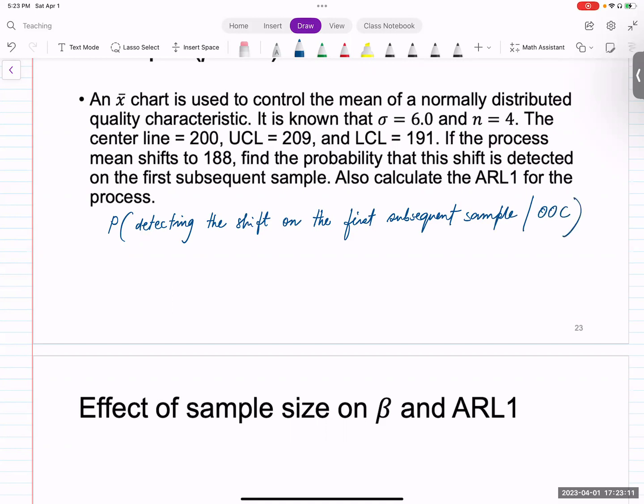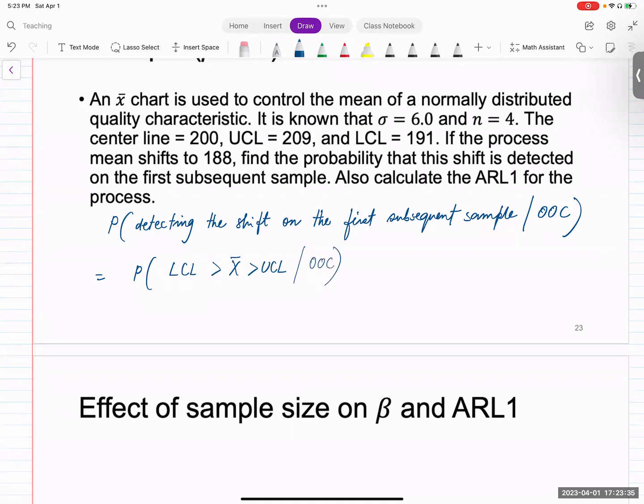The process has already gone out of control, right? Okay, so a shift can only be detected if a measurement falls outside the control limits. So this is basically saying probability X-bar is greater than UCL or it is less than LCL, given the process is out of control.